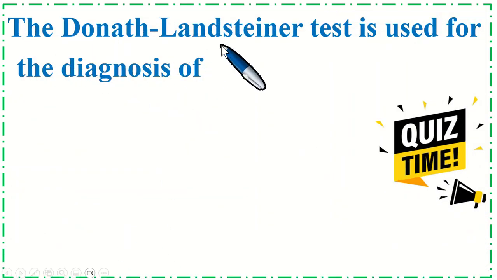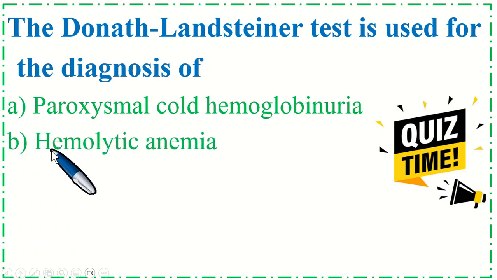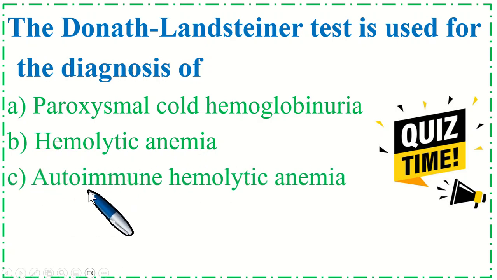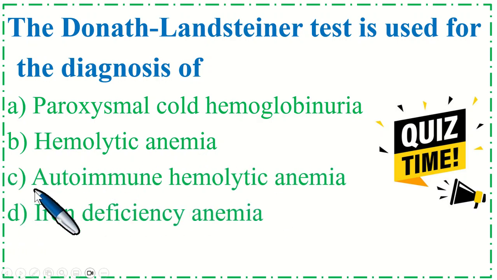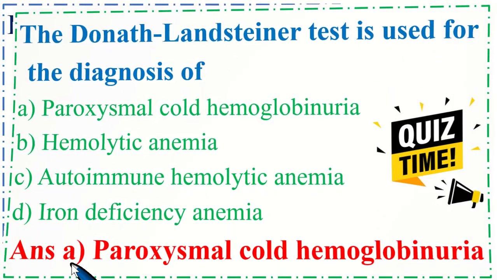The Donath-Landsteiner test is used for diagnosis of: A paroxysmal cold hemoglobinuria, B hemolytic anemia, C autoimmune hemolytic anemia, and option D iron deficiency anemia. So the correct option is A paroxysmal cold hemoglobinuria.